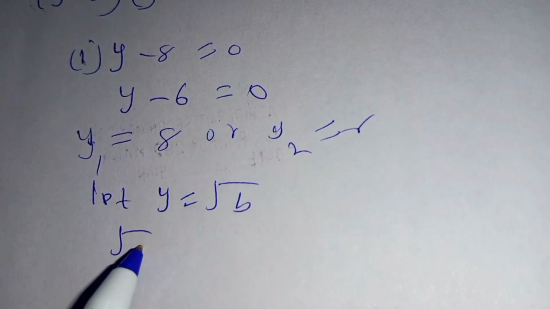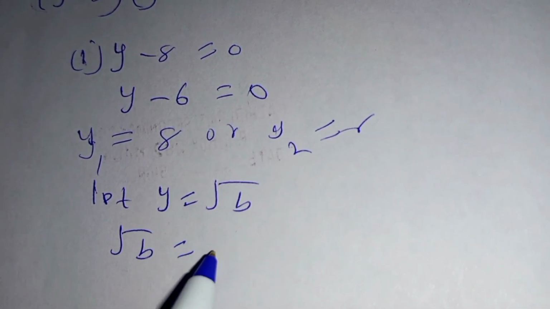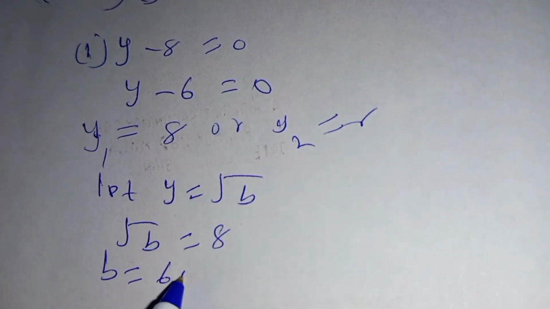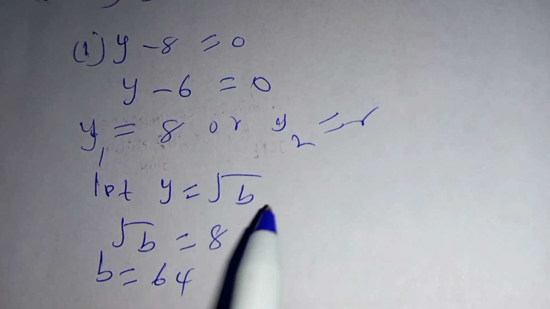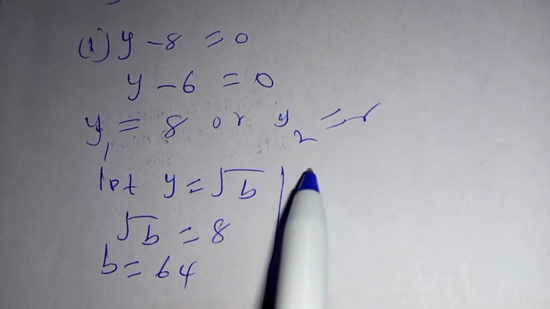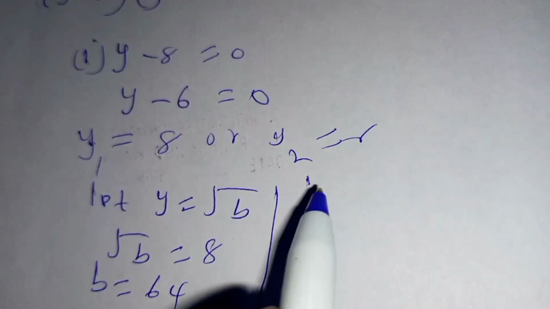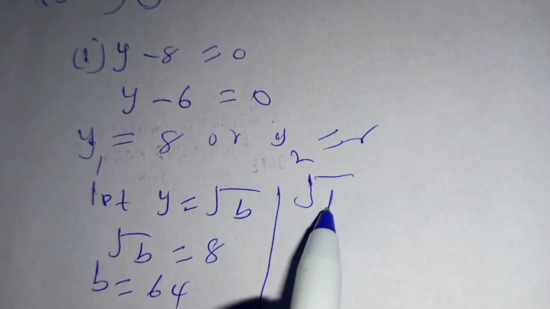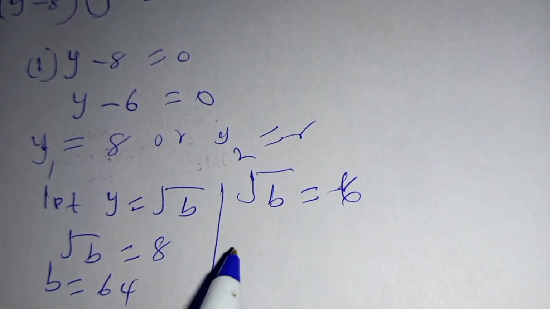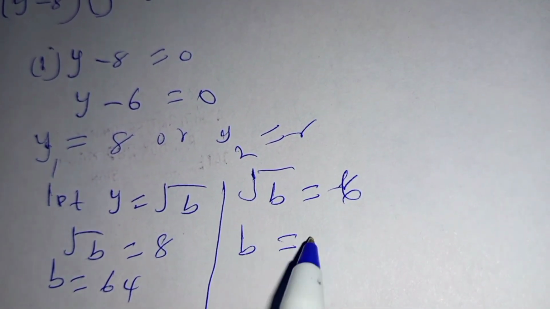So root of b is equal to 8, and squaring both sides, b is equal to 64. Or root of b is equal to 6, and squaring both sides, b is equal to 36.